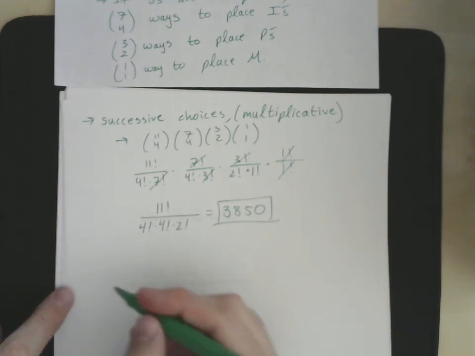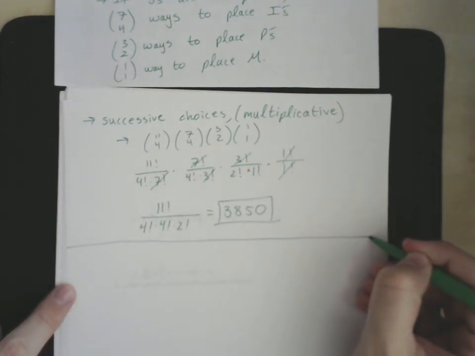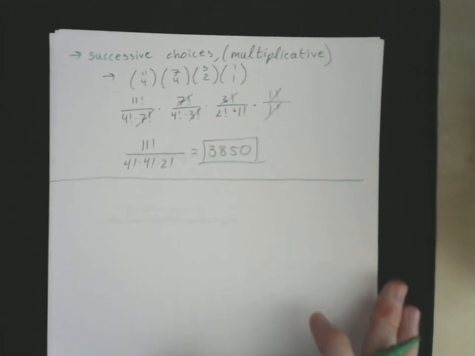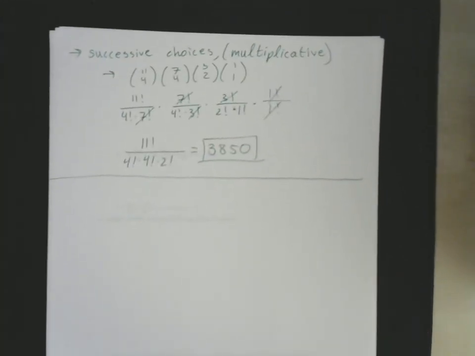So there's a really important theorem that gets linked into our combinations and permutations.